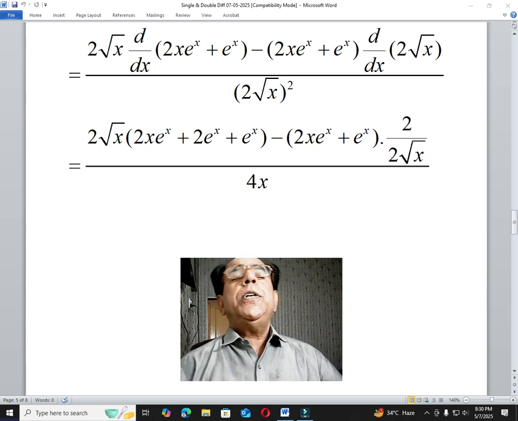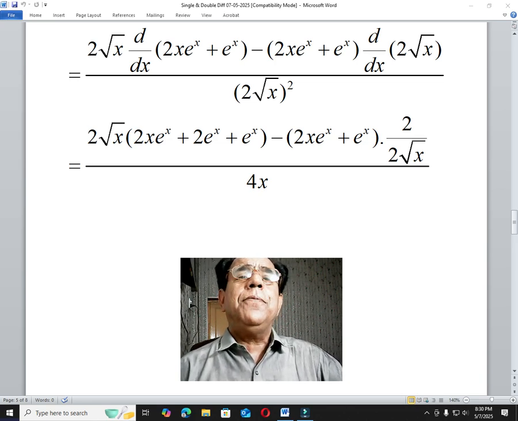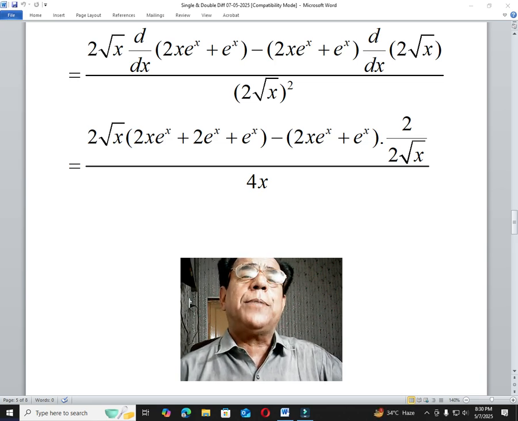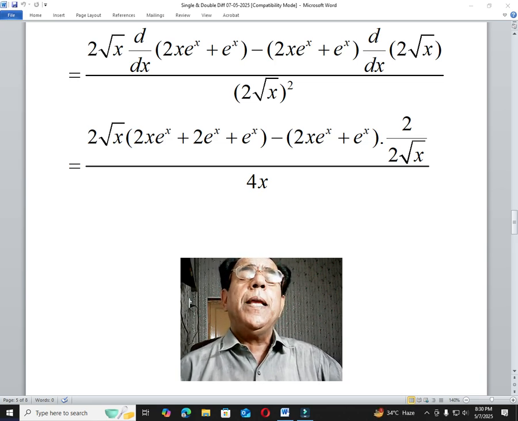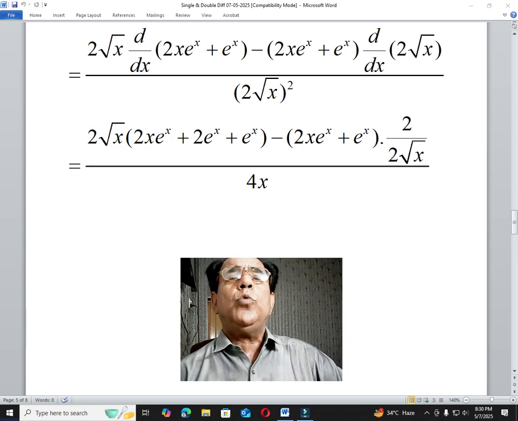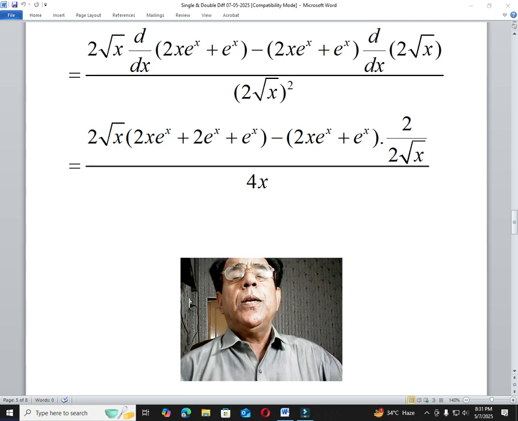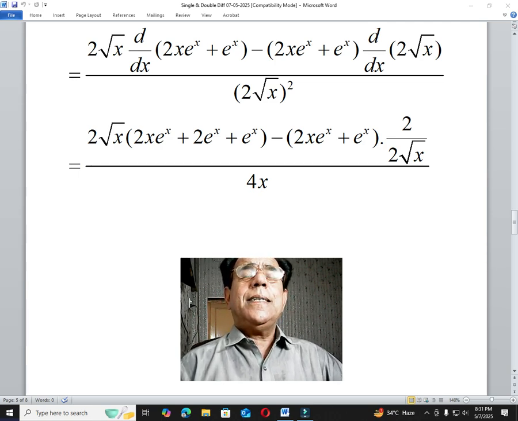Moreover, 2 into x under root whole square will become equal to 4x, because square of 2 is 4 and square of x under root is simply x, because x under root is equal to power 1 by 2, so power 1 by 2 into power 1 by 2 becomes equal to power full 1. This is not the answer.